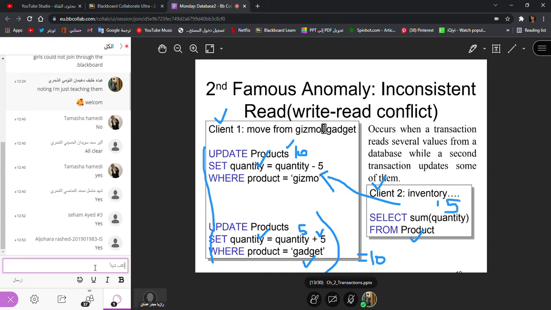How? This 10 and this 5. Let's take it 15. Sum means take this quantity and this quantity, all the quantities in the system, okay? But it already minus 5 and it already plus 5, so that will give you the wrong sum. The better example, because this is a confusing one.